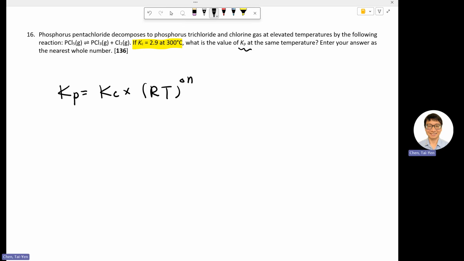Because you know Kc is 2.9, R is just the gas constant, and T is 300 degrees C converted to K, so it's actually 573 K. The thing that you don't know yet is the delta n. If you know the delta n, then you can compute your Kp directly. Everybody follow this? So how do you compute the delta n?